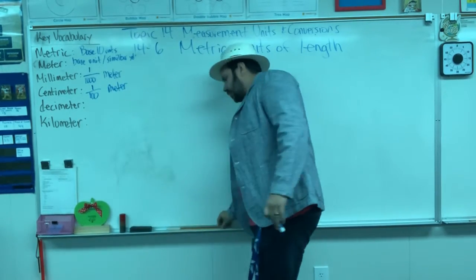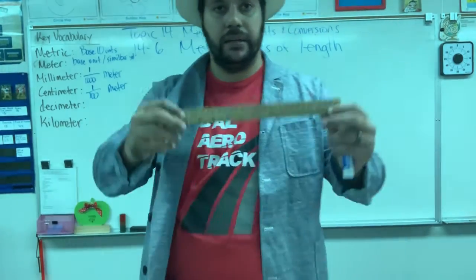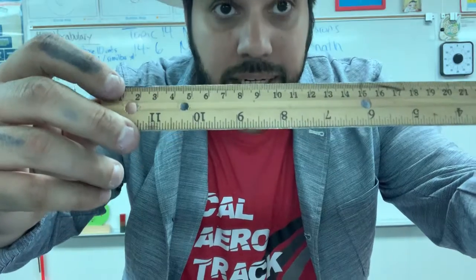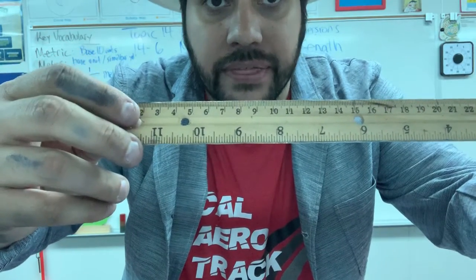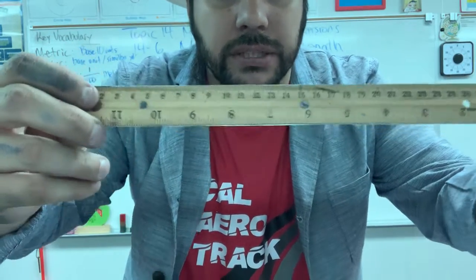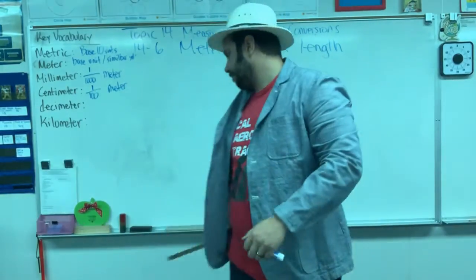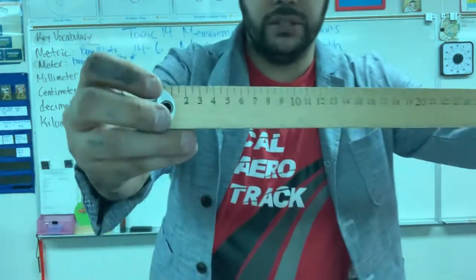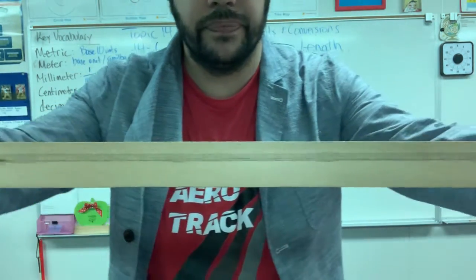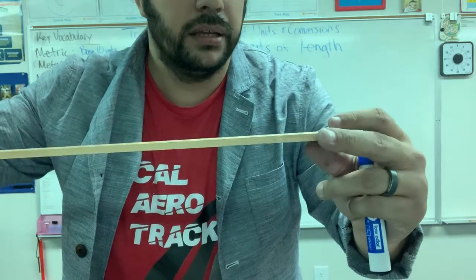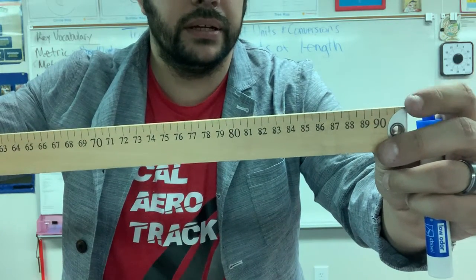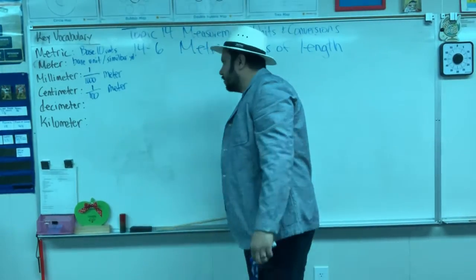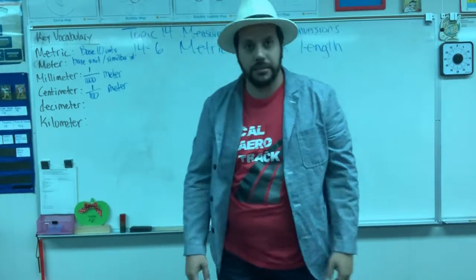Okay, so coming back to our ruler, every teeny little tick over here is a millimeter, and then the numbers, 1, 2, 3, those are centimeters, all right? And if you look at your meter stick, it goes from 1, which you can't see, all the way to 100 over here, all right? So 100 centimeters is a meter.